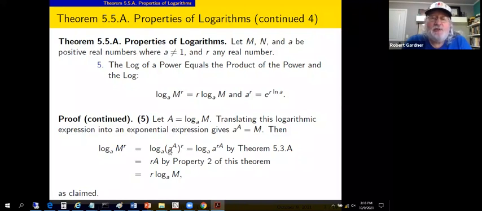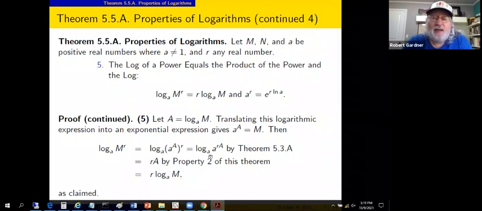Under these conditions, multiply exponents, so we get log base a of lowercase a to the r times capital A, multiply the capital A and the r together. Theorem 5.3.a, that's the property of exponents that we're using to accomplish this.